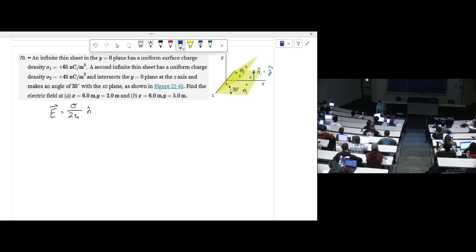And I think in this one, let's just look here at this case where you've got x and y. Let's forget about this case for just a second. So if we're looking at this, you can go through and convince yourself that x of 6 meters and y of 2 meters is going to lie between the planes.